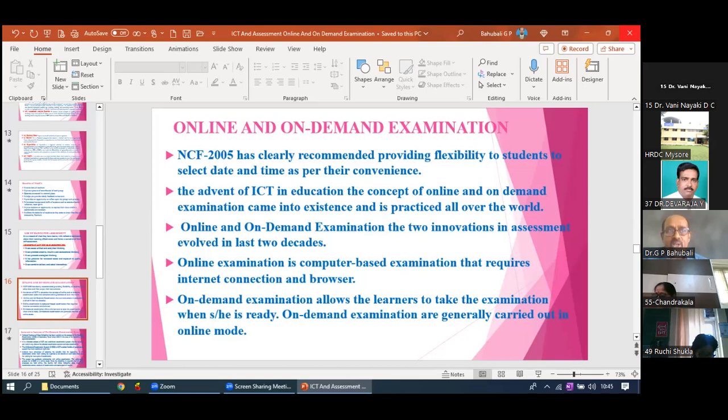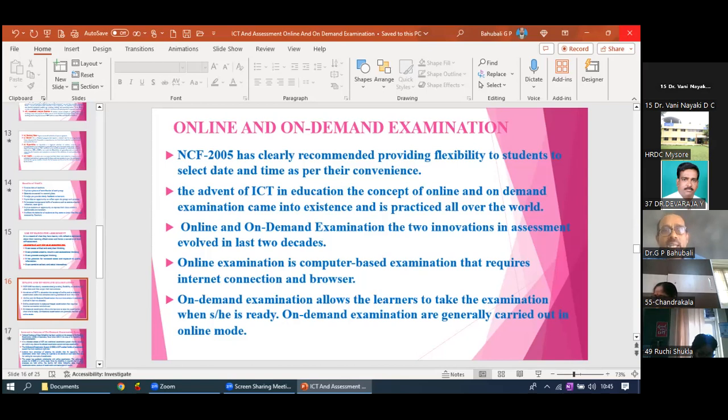In addition to that, on-demand examination also requires the internet, but one advantage is that the learner, the student or examinee, can select the date and time whenever he wants.